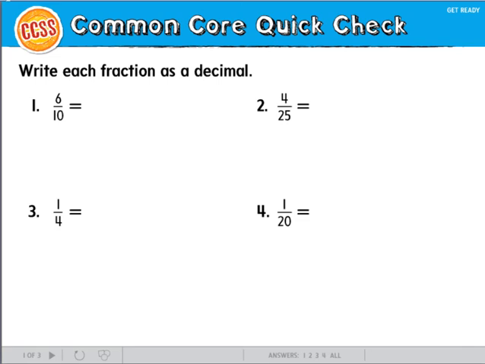It's 6/10. Because it's over 10, it's really easy to change into a decimal, because that's the place value. So if I write my decimal, all I have to do is 0 point and put the 6 in the tenths place. So there's 6/10. Okay?